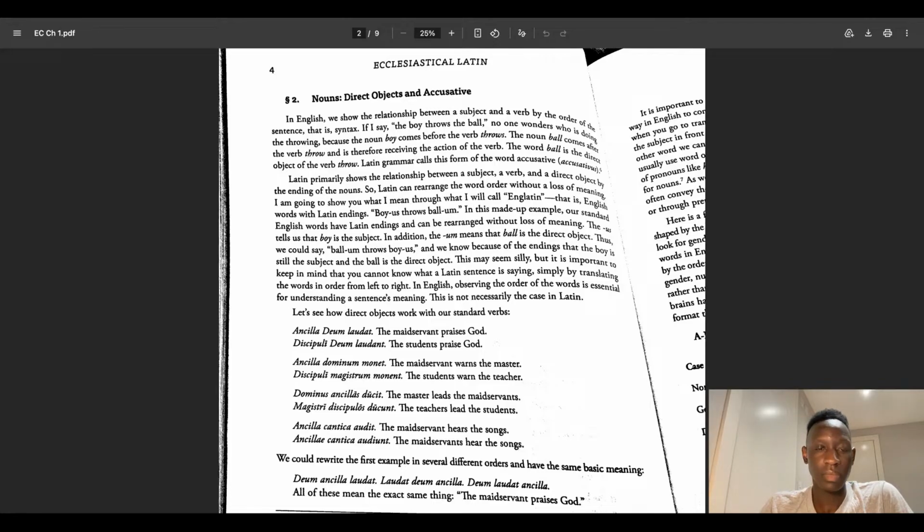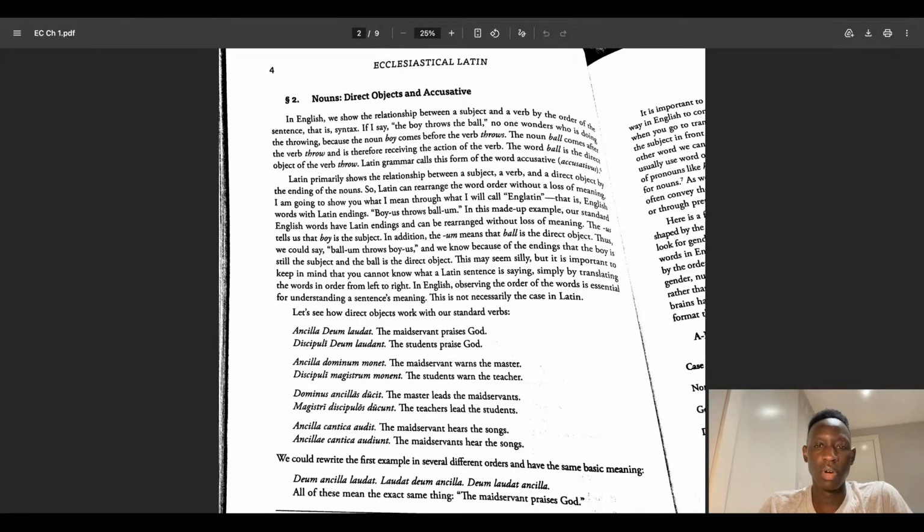Accusativus. Latin primarily shows the relationship between a subject, a verb, and a direct object at the ending of the nouns. So, Latin can rearrange the word order without a loss of meaning. I'm going to show you what I mean through what I will call Eng-Latin, that is, English words with Latin endings.